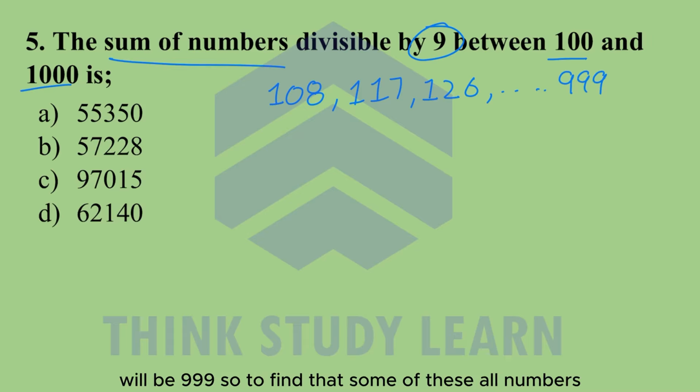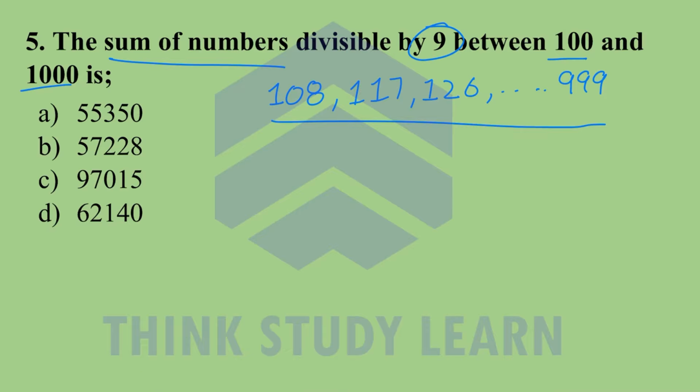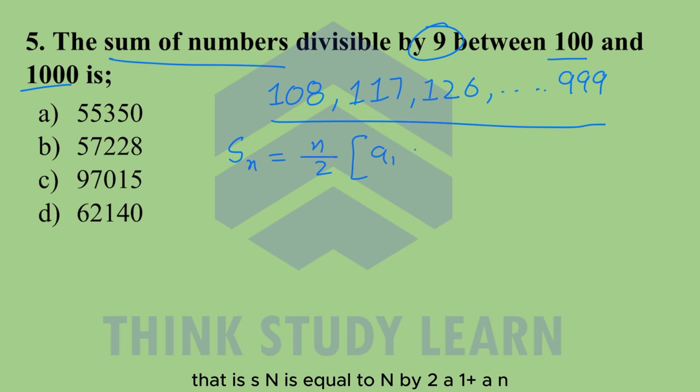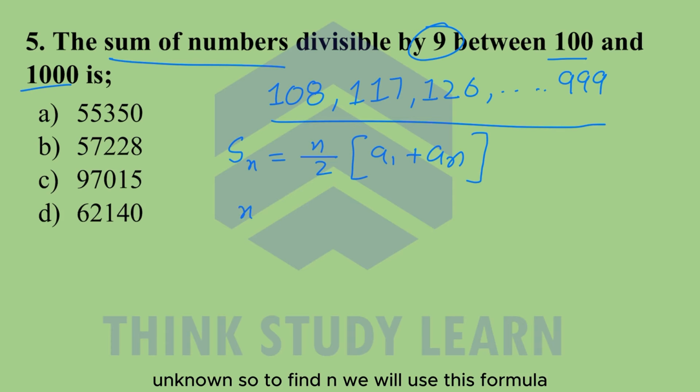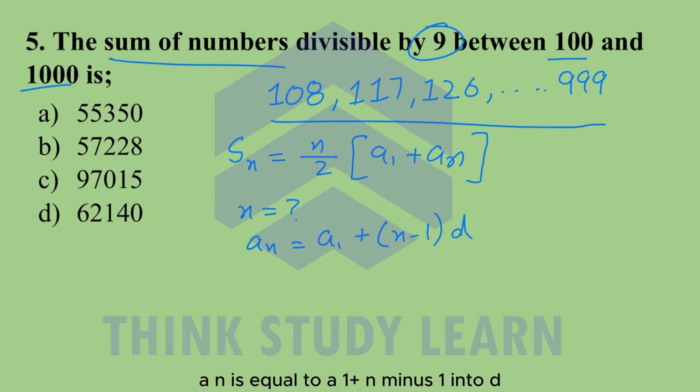So to find the sum of all these numbers, we will use this formula, that is Sn is equal to n by 2 (a1 plus an). So here n is unknown, so to find n we will use this formula, an is equal to a1 plus (n minus 1) into d.